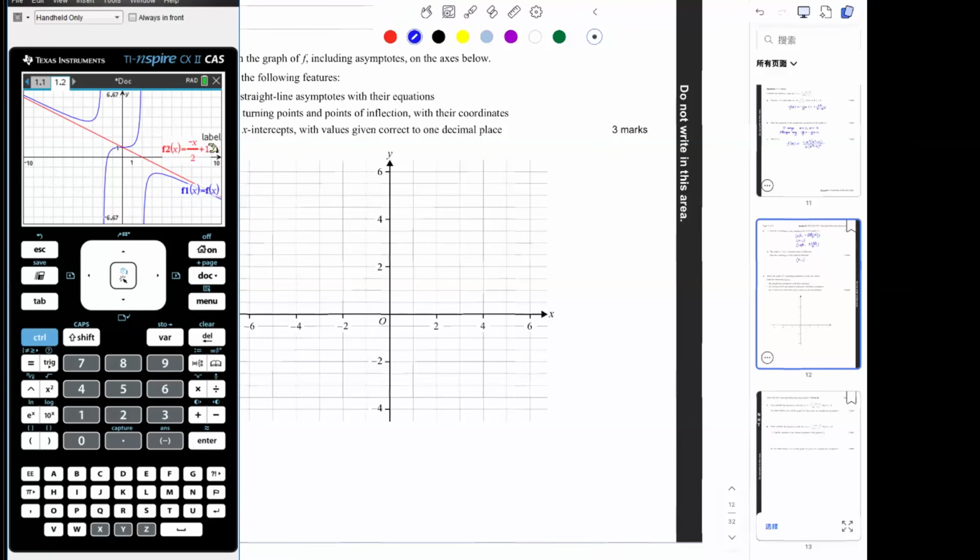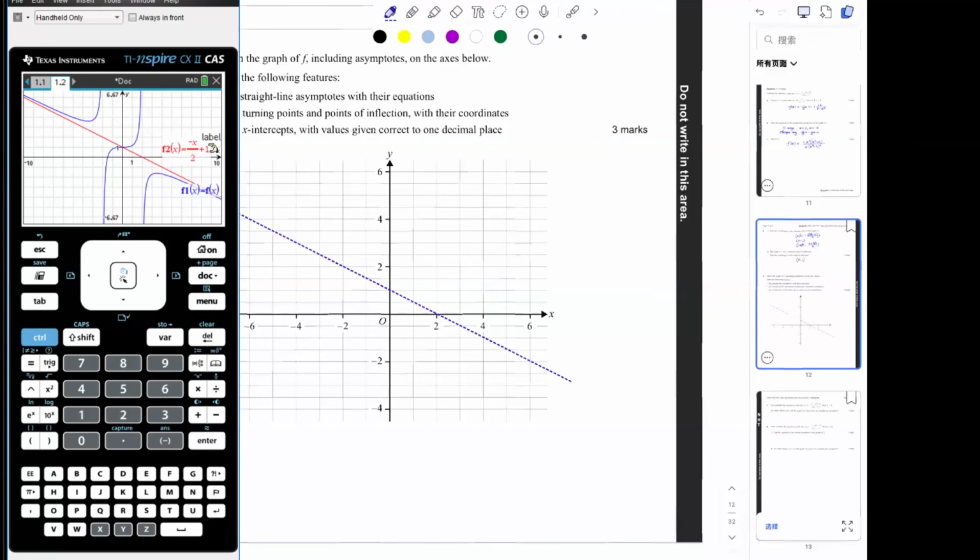Okay. I think I just get, let's say, that. Make sure you use a ruler. Okay.